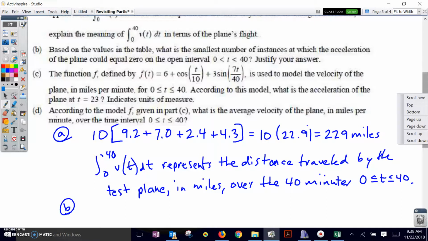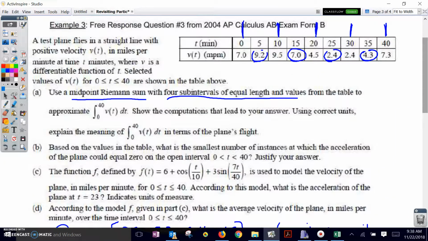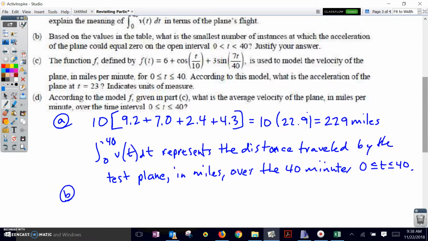And so looking at this, we've got the velocity increasing, increasing, increasing, and then it starts to decrease here. So there's one place. And then we see that it decreases, decreases, and then it starts to increase again. And so there are two instances.